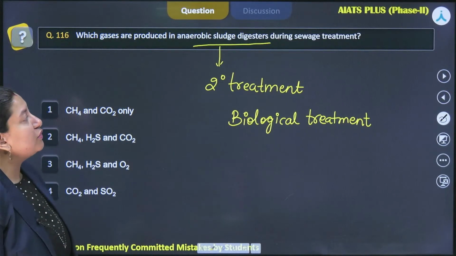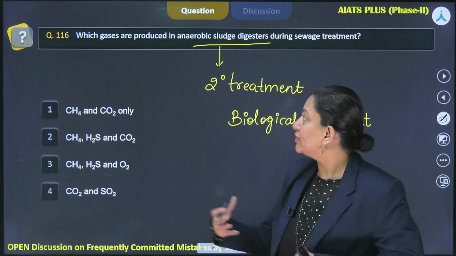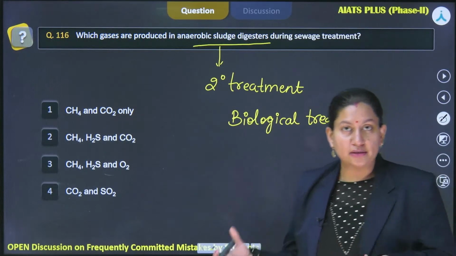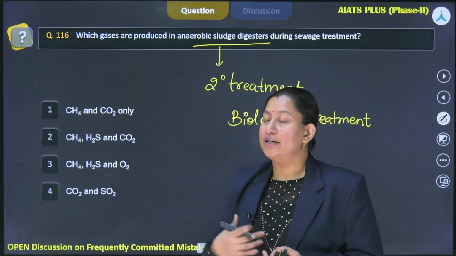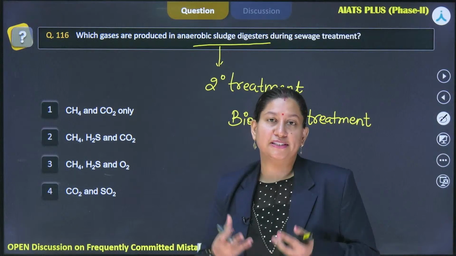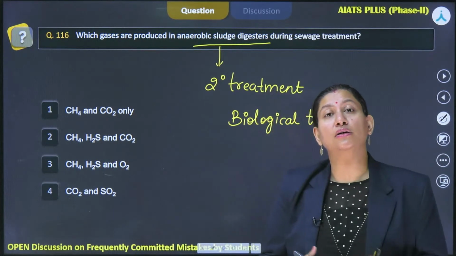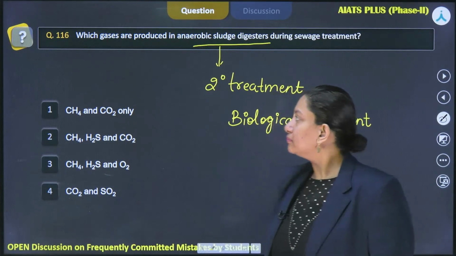During the process of sewage treatment, initially we go for the physical separation of, let's say, the debris or the grit. We remove the physical impurities in the sewage. Then we proceed to clear the organic matter that is polluting the water.